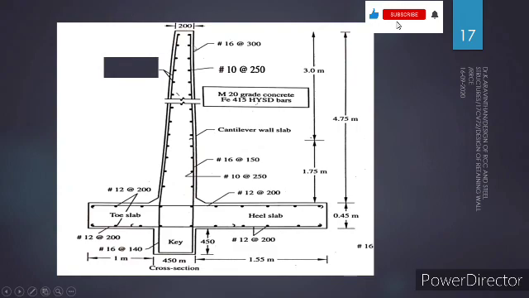The main rod is 16 mm at 300 at the top and 16 mm dia at 150 at the bottom, and the distributor is 10 mm dia at 250 center to center, which will be the dots here. This will run throughout the structure, and the stem design is over.